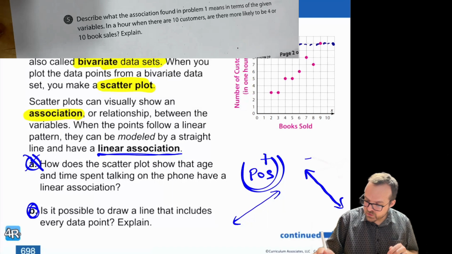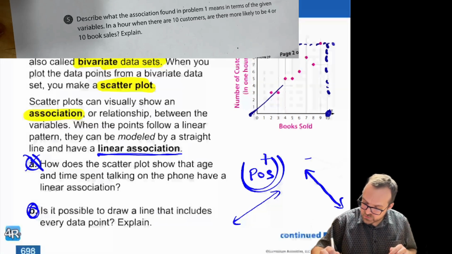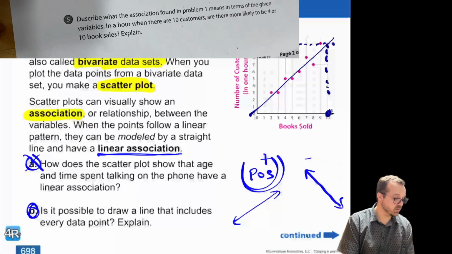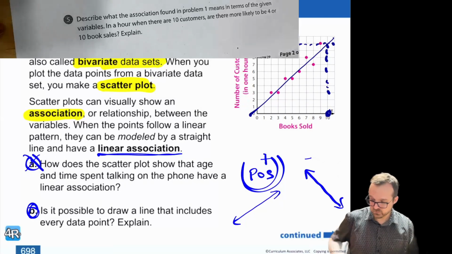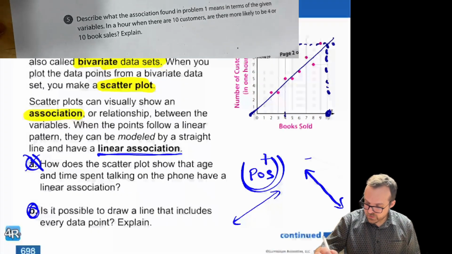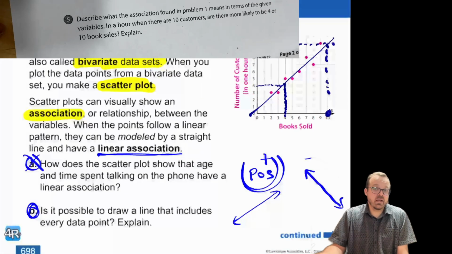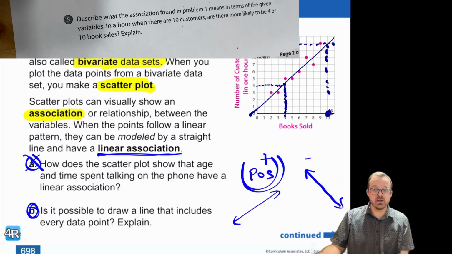If we're following this trend line, it looks like there's going to be 10 books sold as opposed to 4. 4 books would be right here, and we can predict that if I'm selling 4 books, I probably had 4 customers. That's making predictions using the trend line, right?